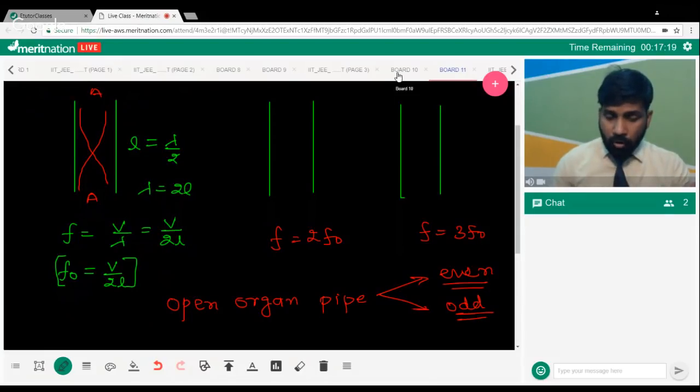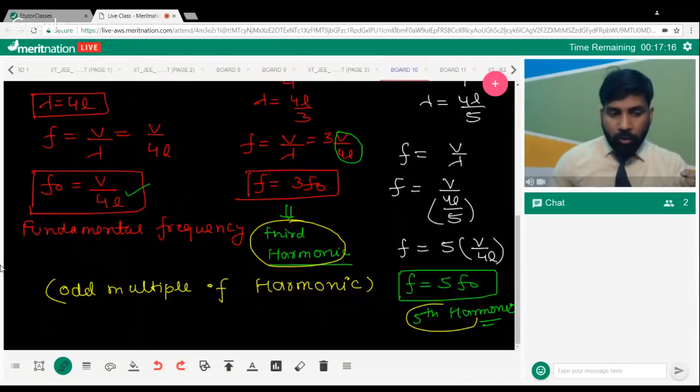But in case of the closed organ pipe, that is only for odd multiples of harmonics.